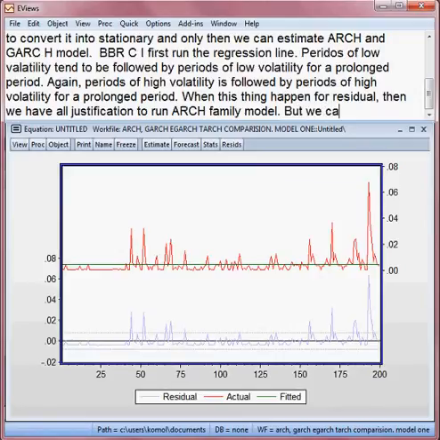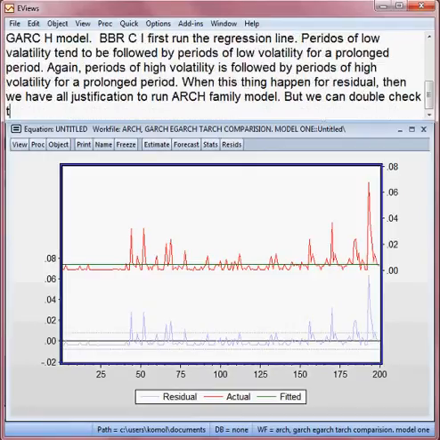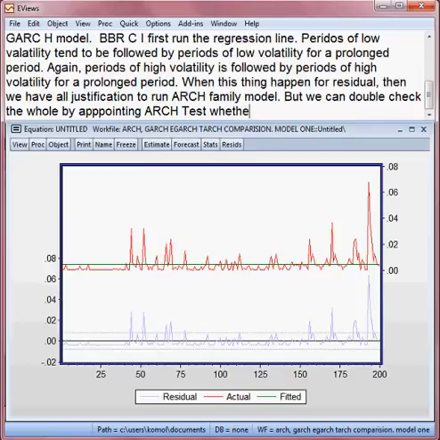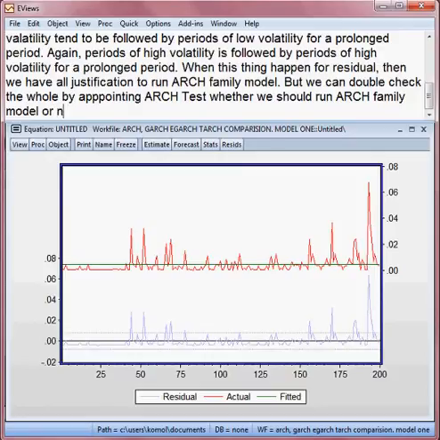But we can double check the whole thing by appointing ARCH test, not model, by appointing ARCH test, whether we should run ARCH family model or not.